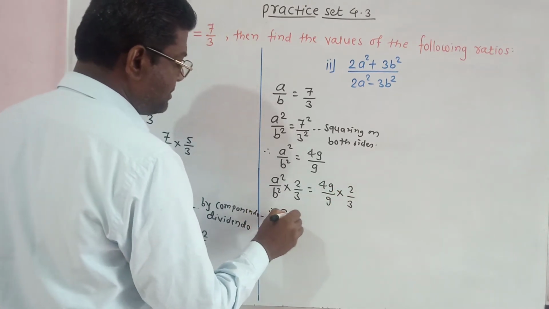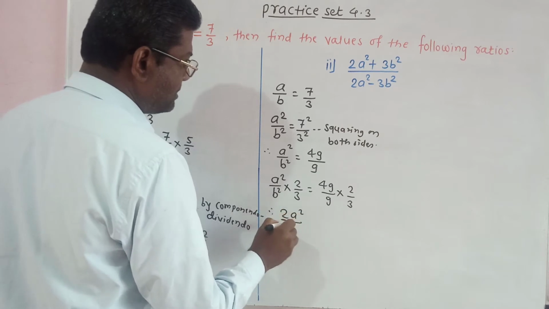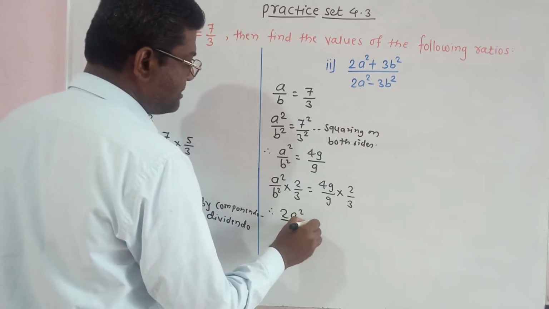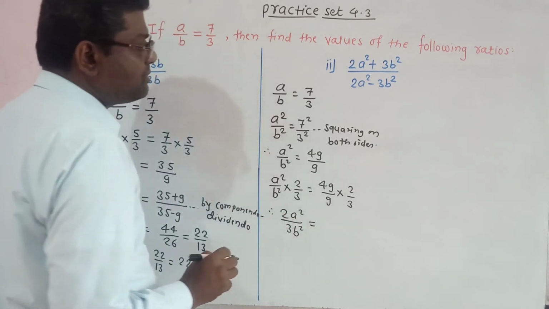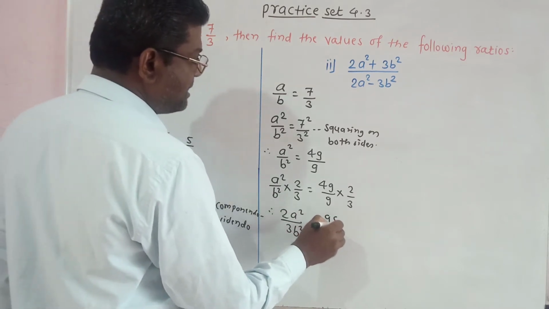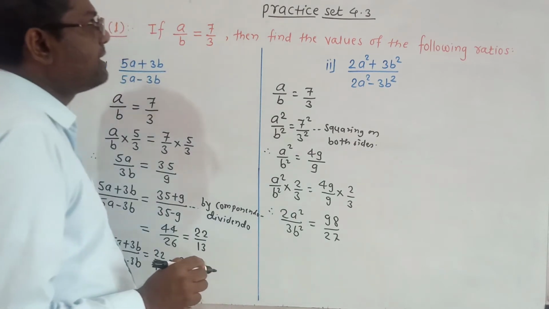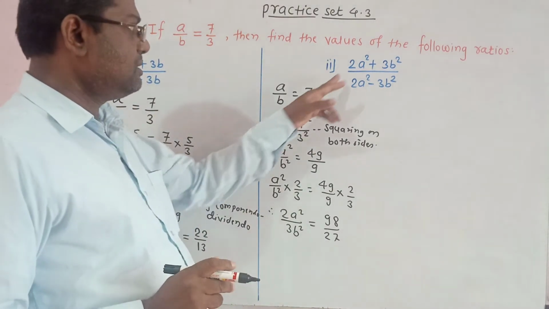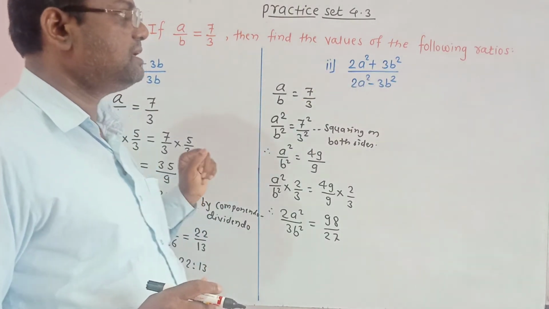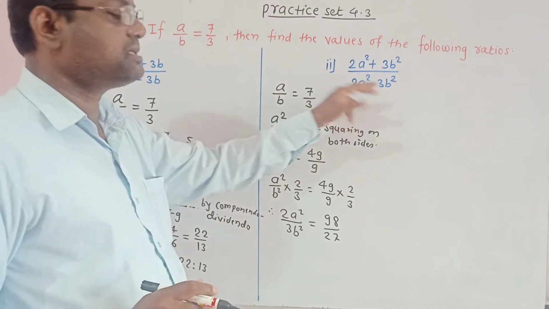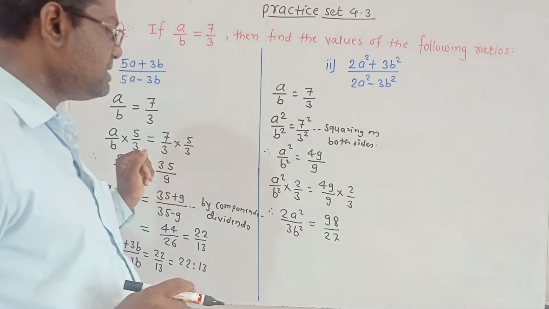Therefore it will be 2A square upon 3B square is equal to 49 into 2 is 98 upon 9 3s are 27. Now here 2A square plus 3B square upon 2A square minus 3B square.